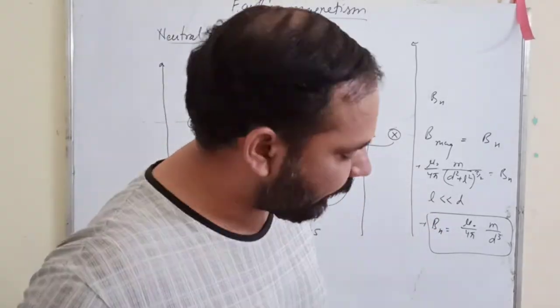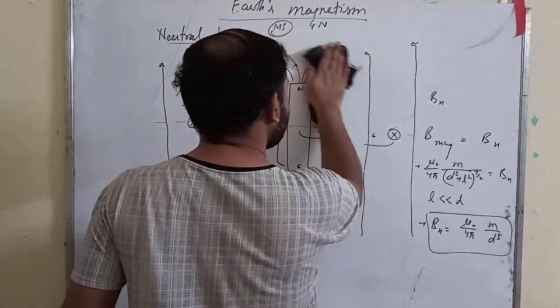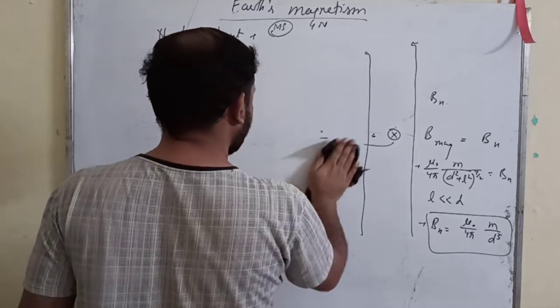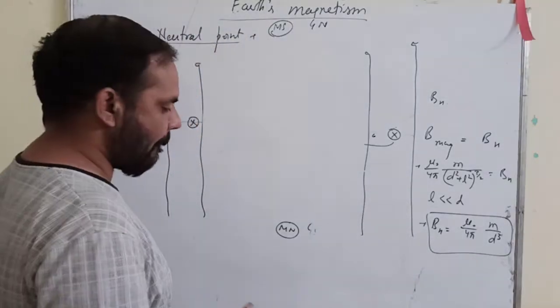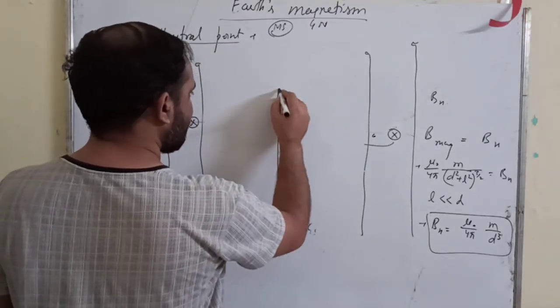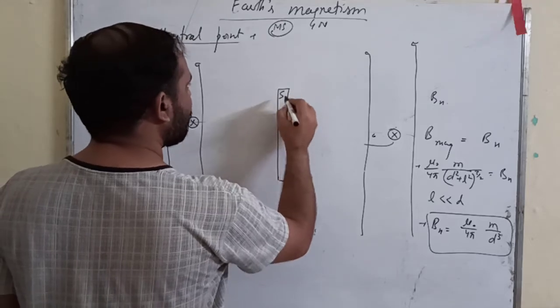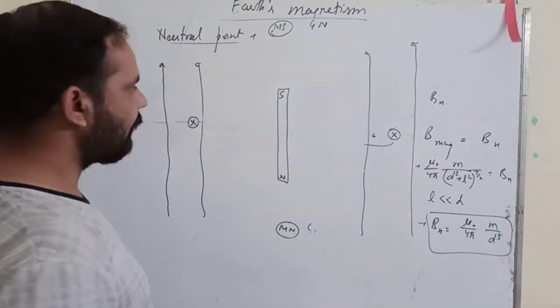Again, there is one more method. Suppose you do not place the bar magnet in this direction, and you place it just oppositely. Suppose we place it like this. This is the bar magnet, and now the south pole is towards the geographical north and the north pole is towards the geographical south.